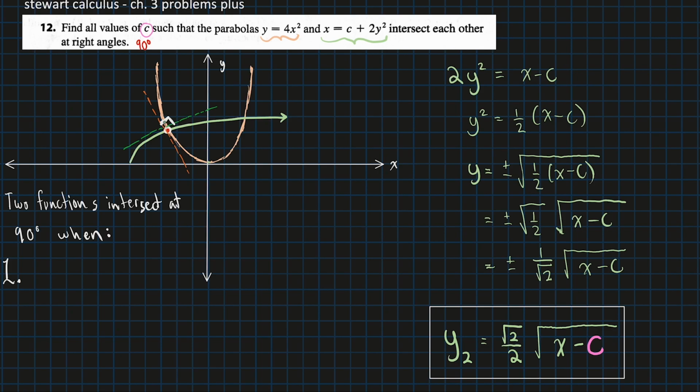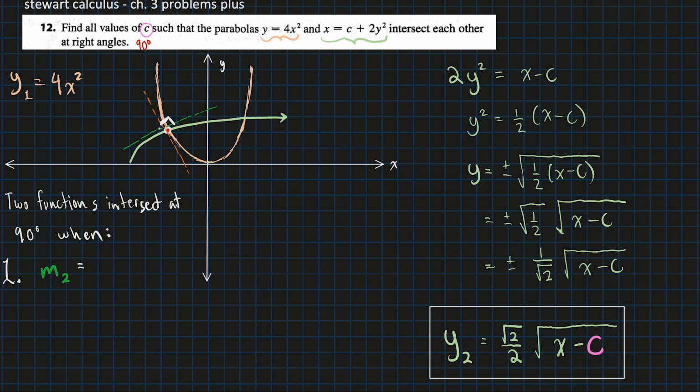So what does that mean? If I say the slope of this green line is m2, because we're calling our second function here y2. Oh, and by the way, it might have gotten erased, but y1 is equal to 4x squared.